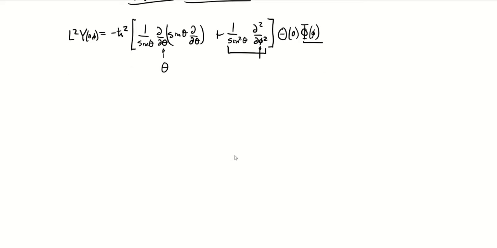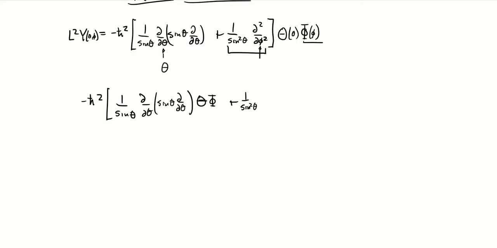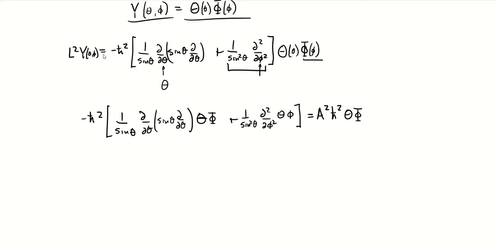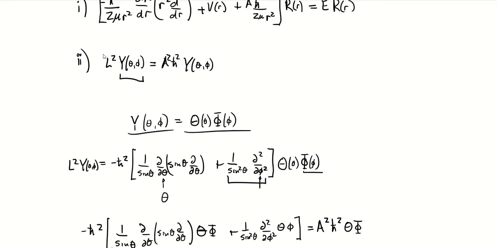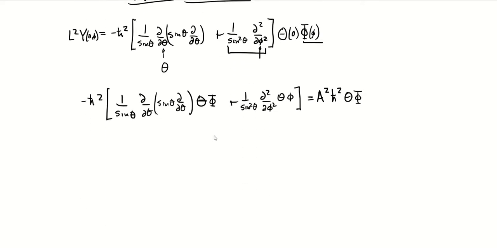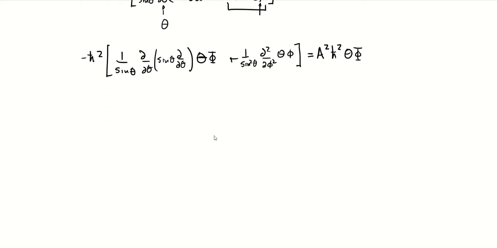So running through this, and maybe I'll speed this video up in post because no one wants to watch me just write equations, this is going to be A squared h squared theta times phi, where L squared operating on this goes back to this equation here that we're trying to solve. This is our differential equation, and this is only operating on our theta function.